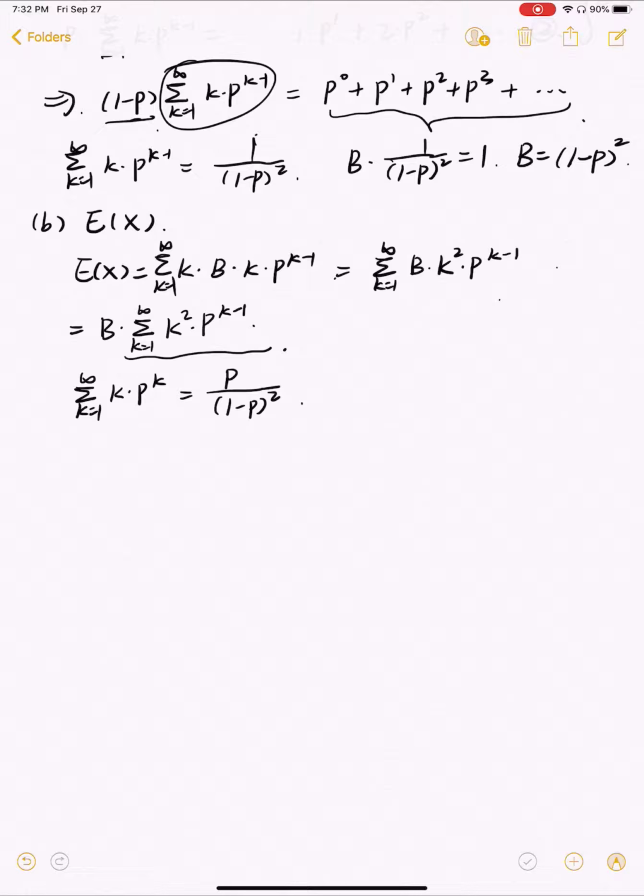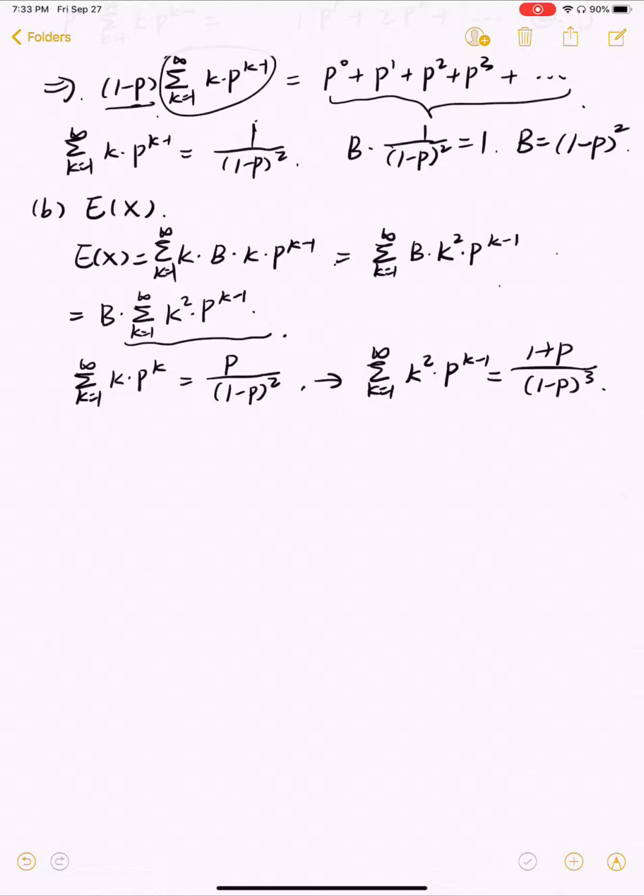So we could differentiate both sides with respect to p, and we get what we want, which is 1 plus p divided by 1 minus p to the power of 3. So the expectation of X equals b multiplied by 1 plus p divided by 1 minus p to the power of 3.